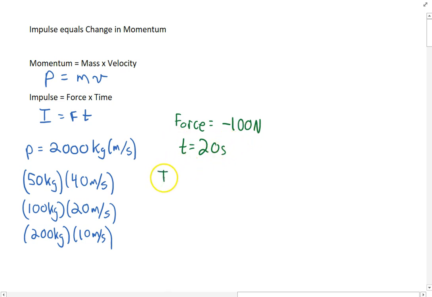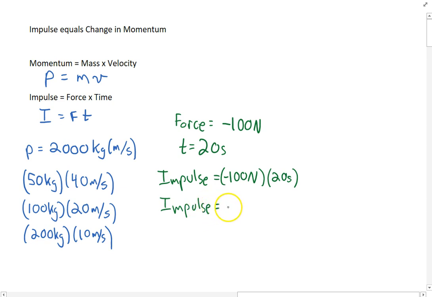So my impulse here, if I'm applying negative 100 newtons of force for 20 seconds, I multiply it by my time, I'm going to have an impulse of negative 2,000 Newton seconds. Newtons times seconds.